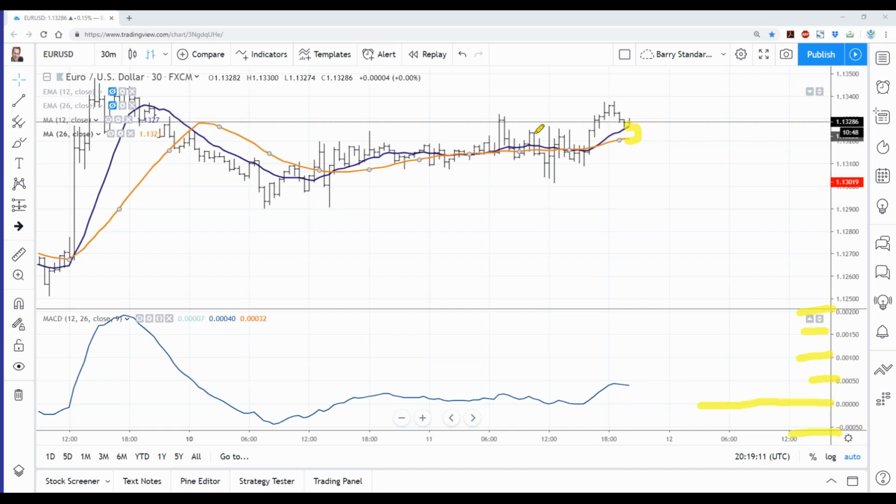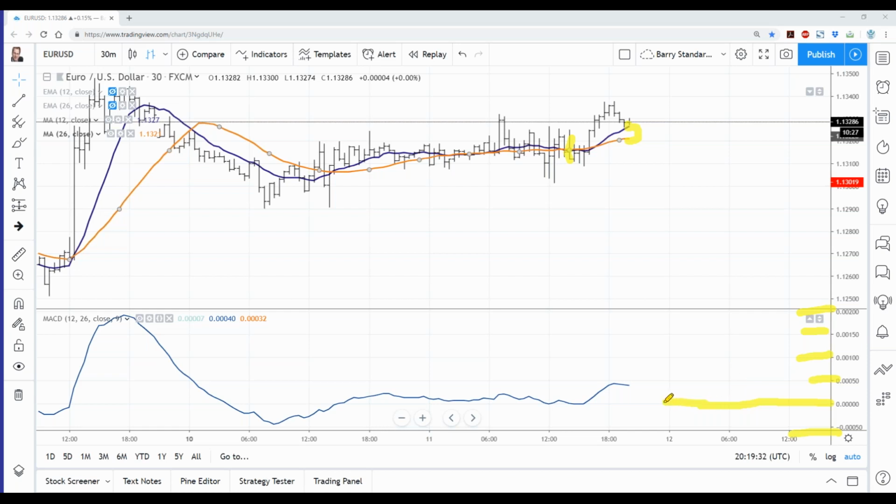Because whenever the two moving averages cross each other, what would the difference be? The difference would always be 0 because they'd be exactly the same. When you subtract the exact same number from each other, you would get 0.